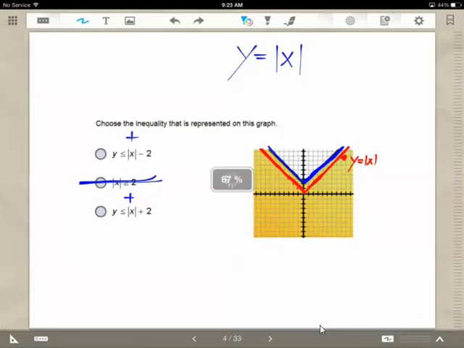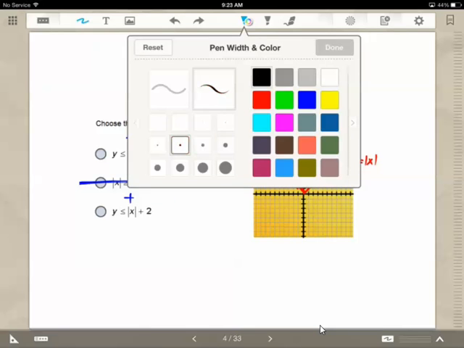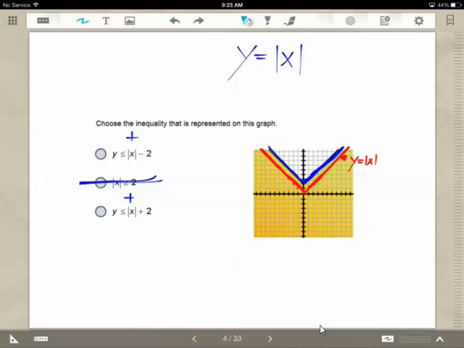Okay? But my graph is not y equals absolute value of x, but y equals absolute value of x minus 2 for the first one, right? Well, to get that graph, you will need to shift your y equals absolute value of x. You have to shift that down, right? Translate that one down by 2 units.